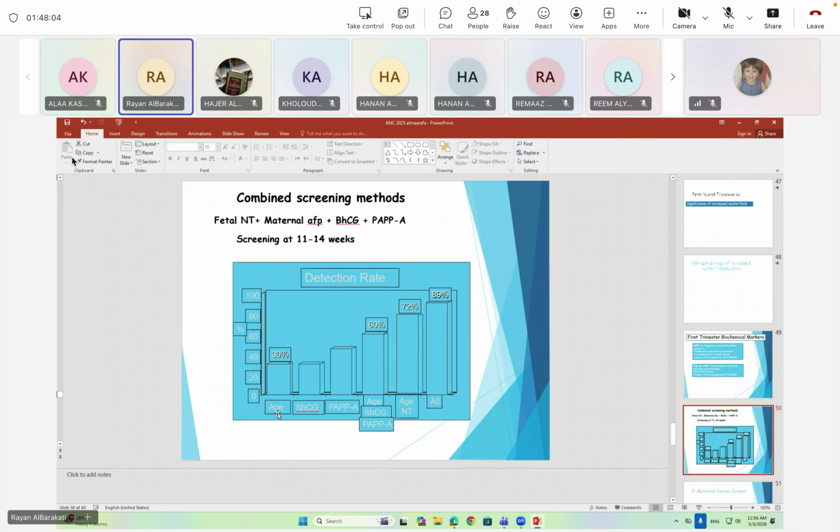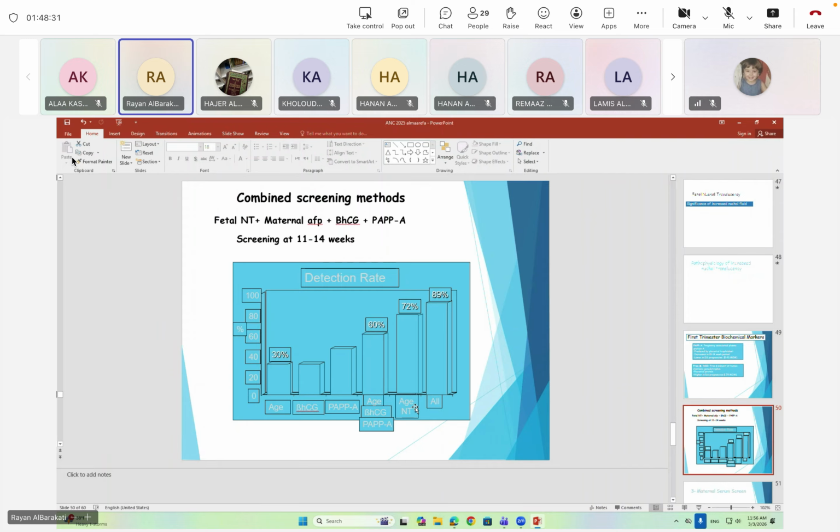We can see that 30% is detected only by age, as we mentioned, the risk of Down syndrome increases by age. Beta HCG alone can detect also around 30%. The pregnancy-associated plasma protein alone can detect up to 50%. If we combine the age with two biochemical markers, we can detect up to 60%.